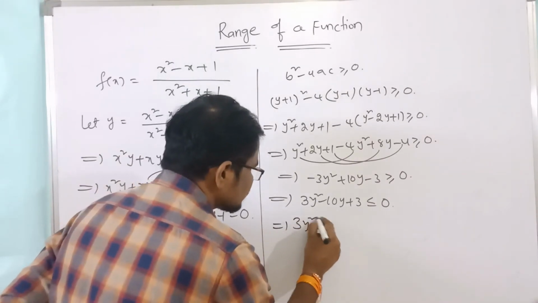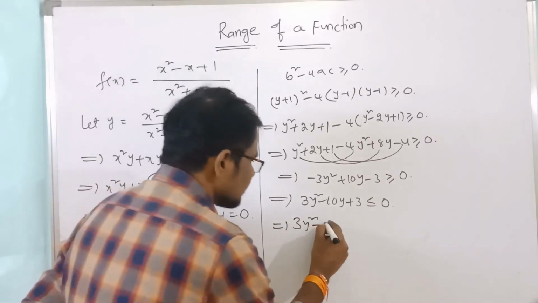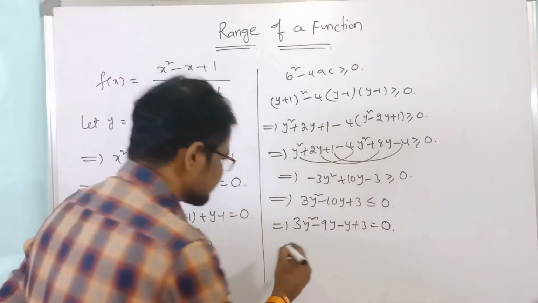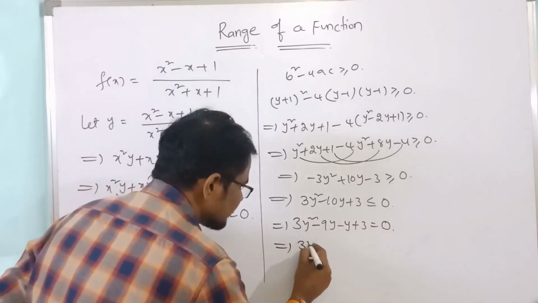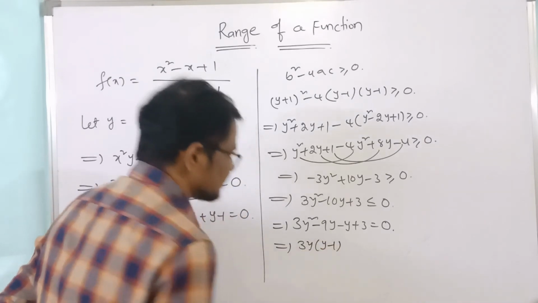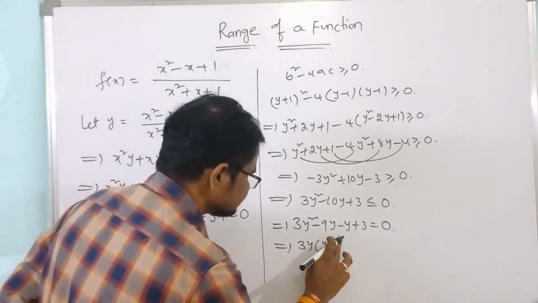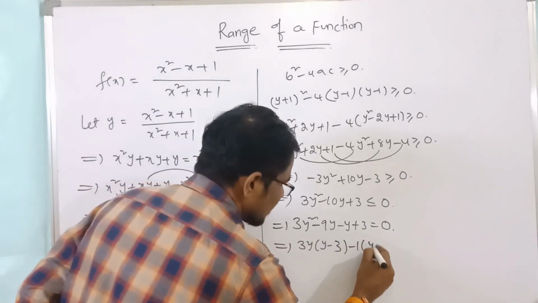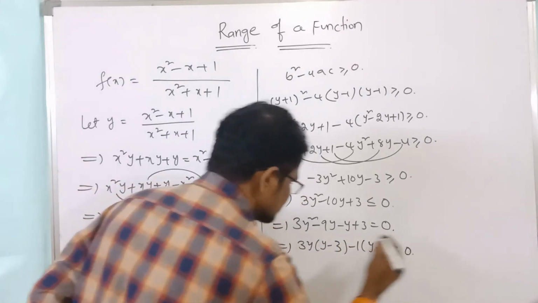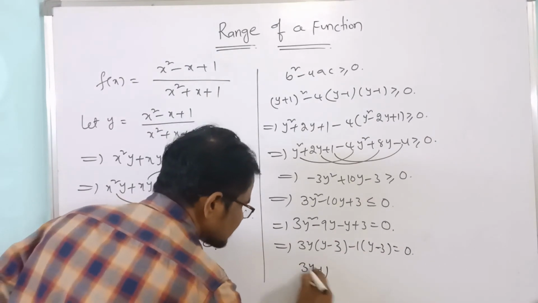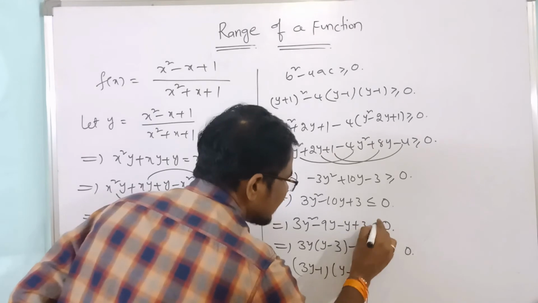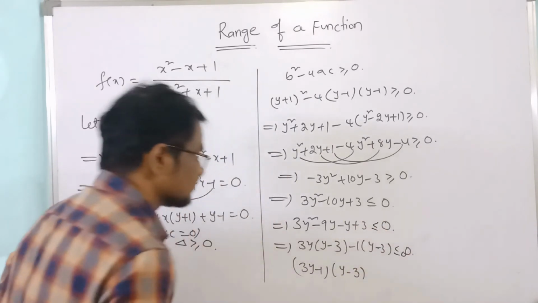So 3y square minus 9y minus y plus 3 equal to 0. That implies in these two 3y common, y minus 3, and from these two minus 1 common, y minus 3. Now 3y minus 1 and y minus 3 less than or equal to 0.